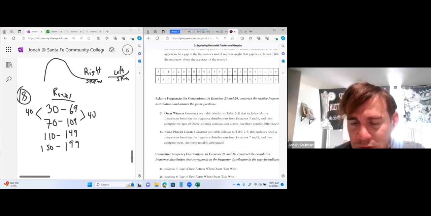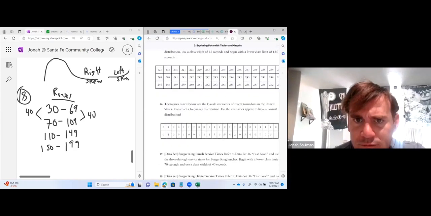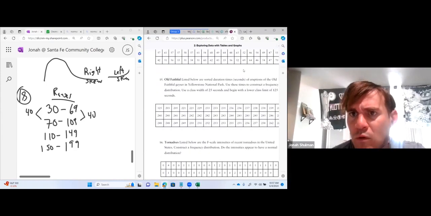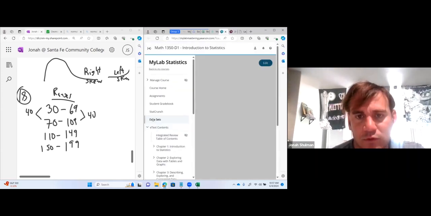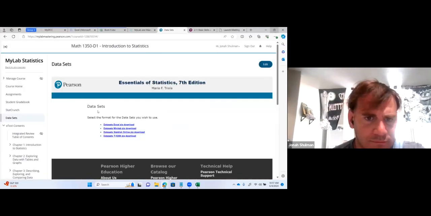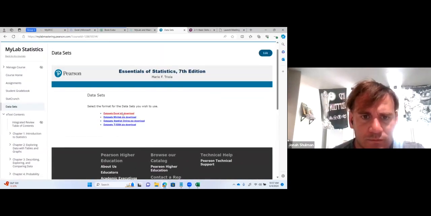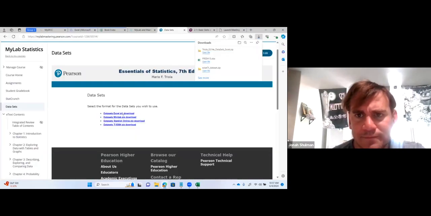Thought they would just give us one to use, but that's okay. Data sets. Perfect. So you go back to this one. We got a data set here. Believe it was data set 36. Oh, well, we got to download them. I'm going to download it as a zip file.